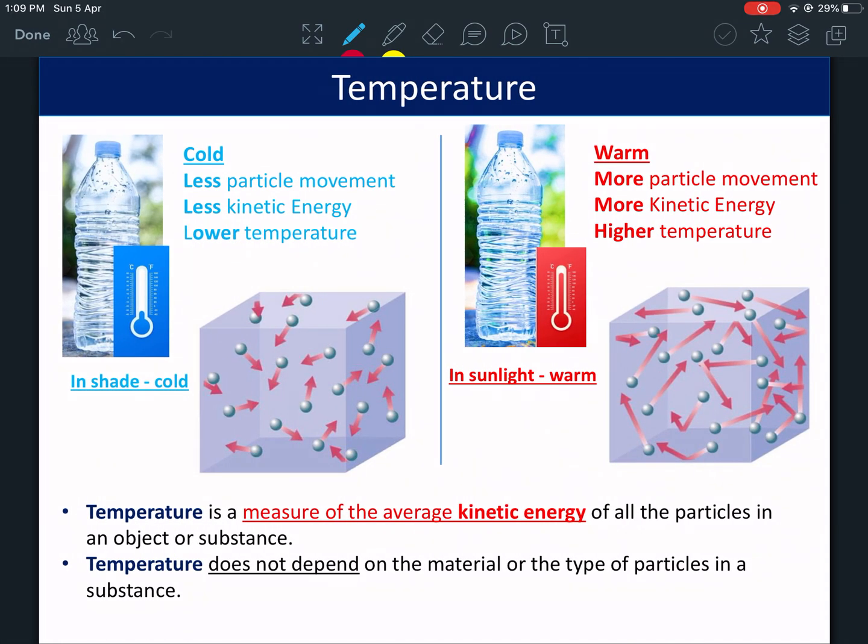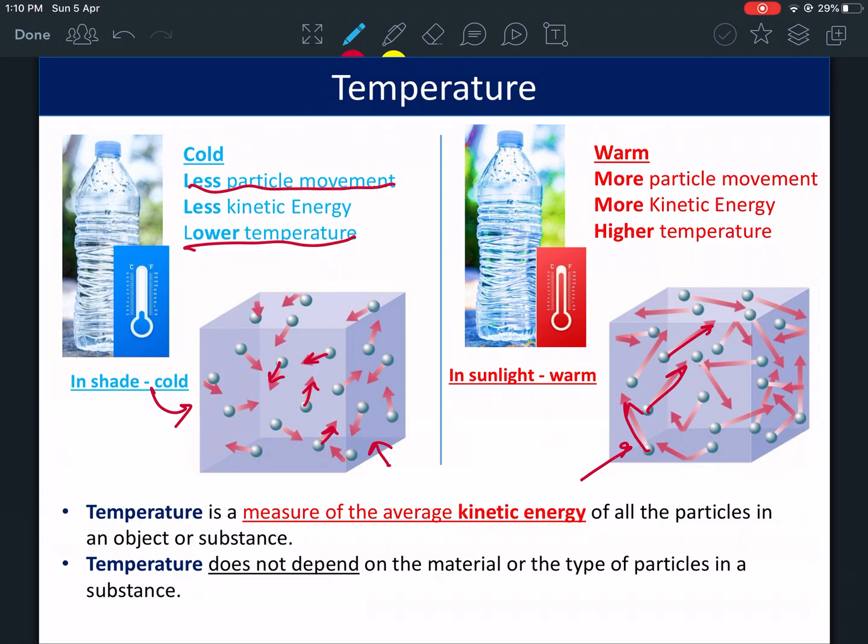Now look at this. This is the water inside. This box here is representing the water inside each bottle. So in this cold bottle over here, the movement of the particles of water is slower than in the warmer one. You see these ones, they're moving faster. So when the temperature is colder, you have less particle movement.